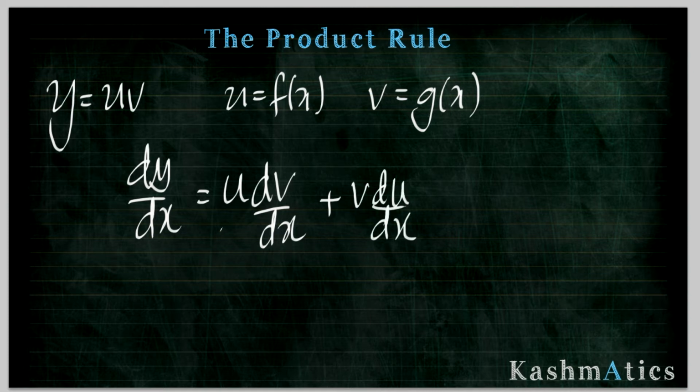So basically what this would mean is you write down this function and multiply it by the derivative of v, and then you write down v and multiply it by the derivative of u.